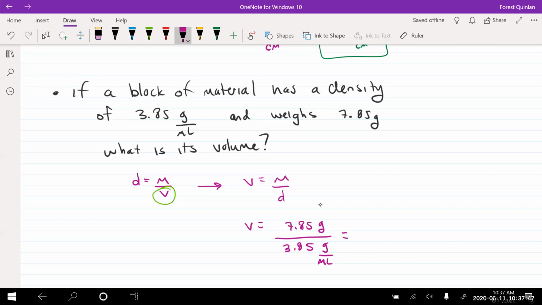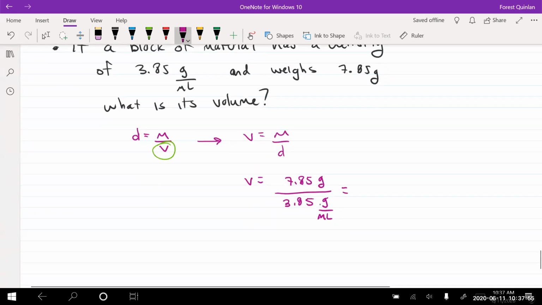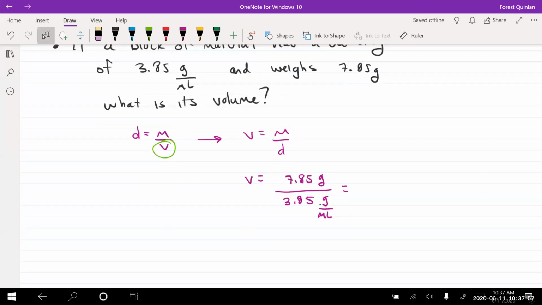I'm just going to move some decimals so that our volume looks a little bit better. The process is still the same. You end up with 2.03896. It just keeps going out.